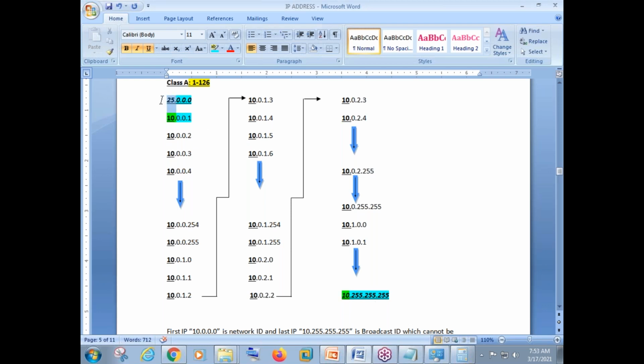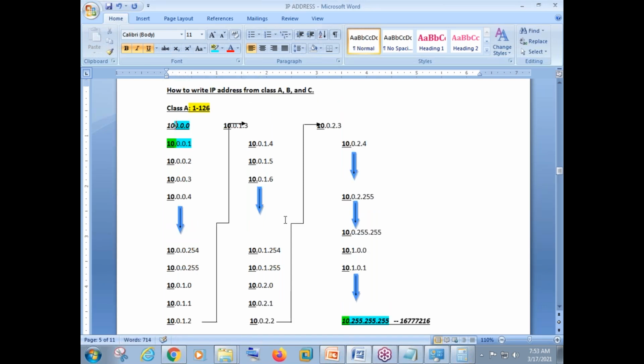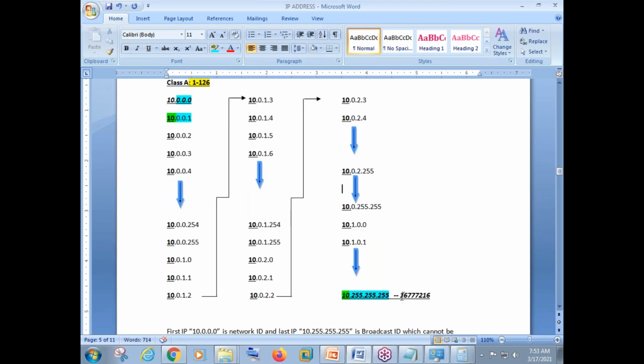So with the number 25 also, how many IP addresses are we getting? 16,777,216. So if you take any number from 1 to 126 from class A, we will get this many host addresses. So class A is there for big setups, big networks. If there is a network with this many devices, we can go with class A.